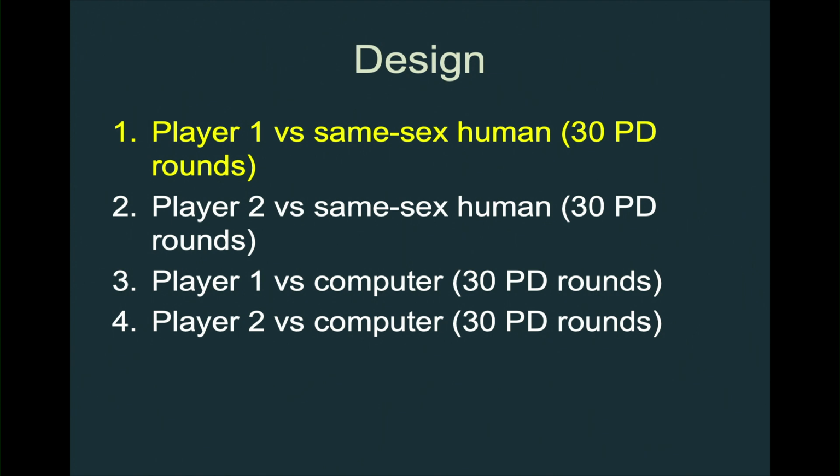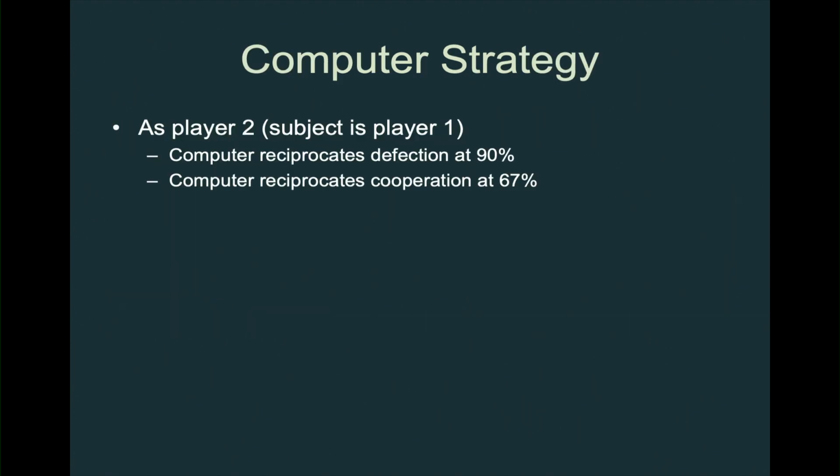They meet this person who's a human confederate, shake hands with them, but in actuality, the choices are administered by a pre-programmed computer algorithm, and that algorithm is responsive to the choices that the subject makes. And specifically, it reciprocates defection 90% of the time, and it reciprocates cooperation 2/3 of the time.